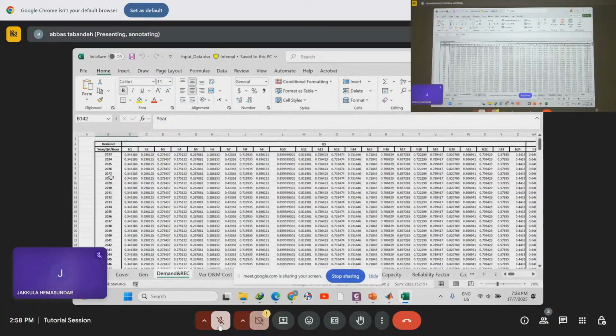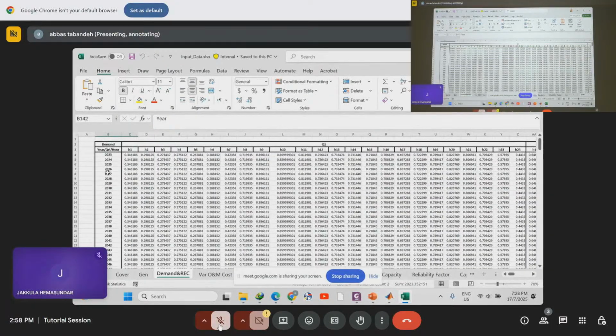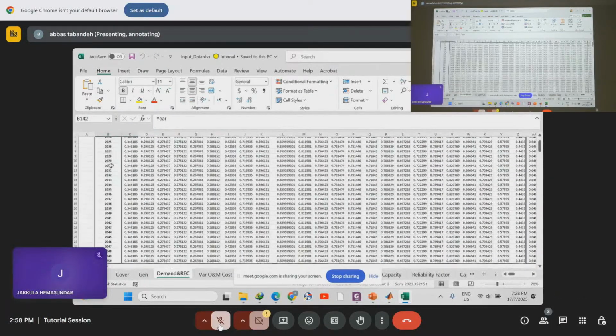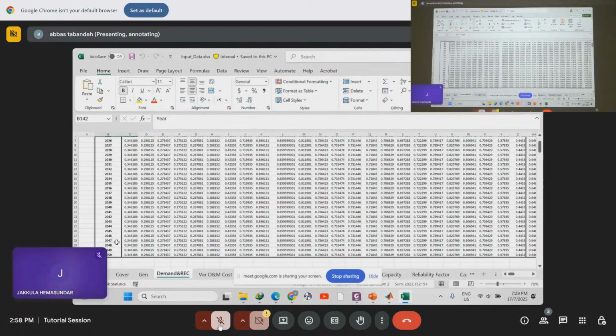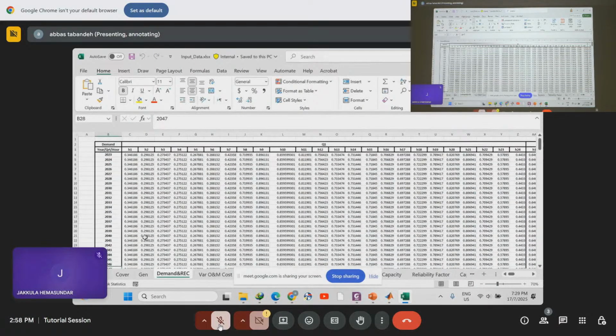However, we will consider only 25 years, if I'm not mistaken, only this row works for us in the problem. We have considered fixed values for each year.